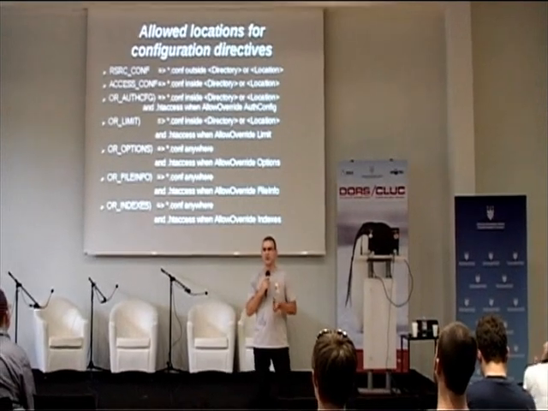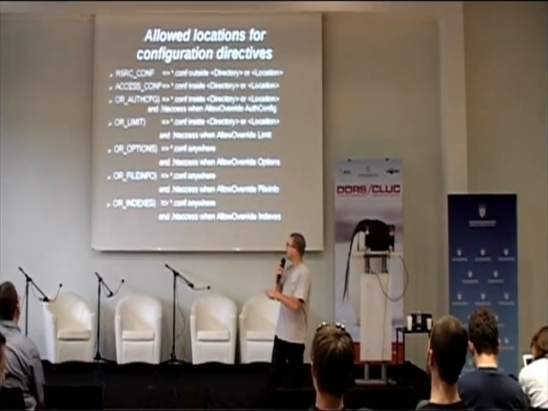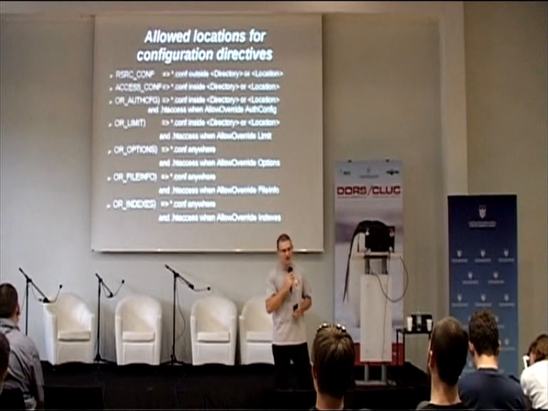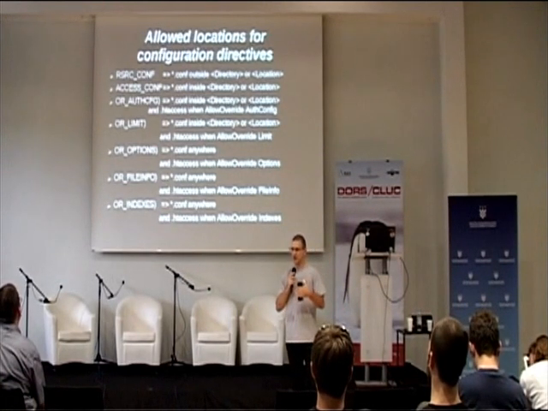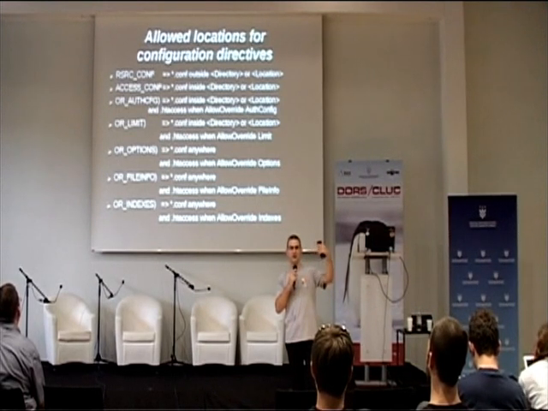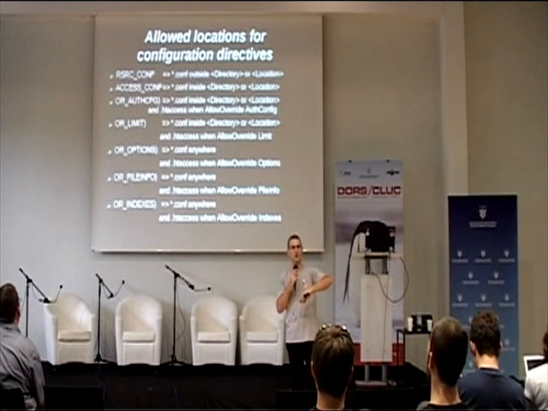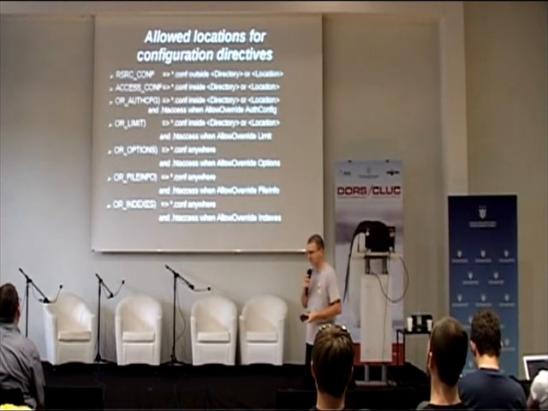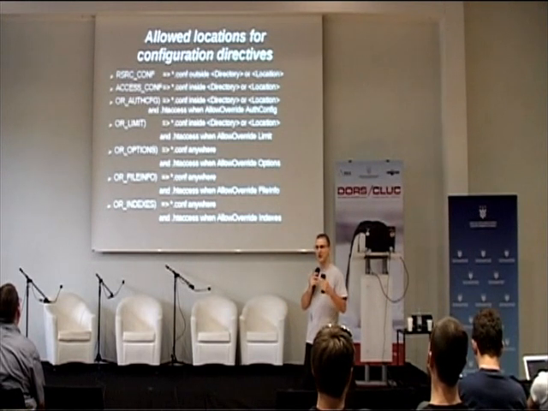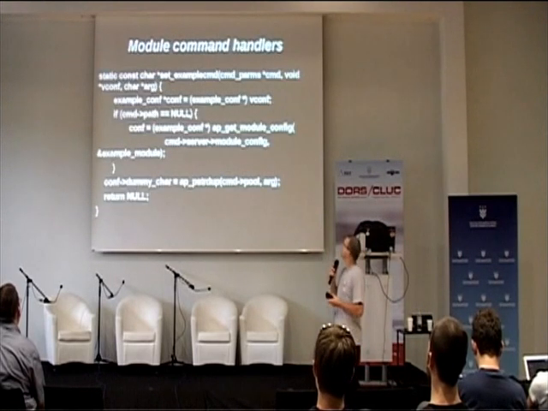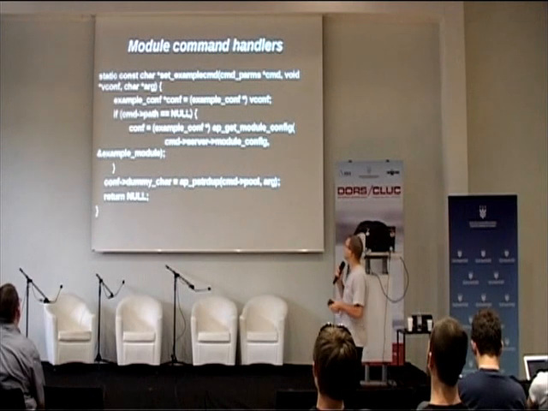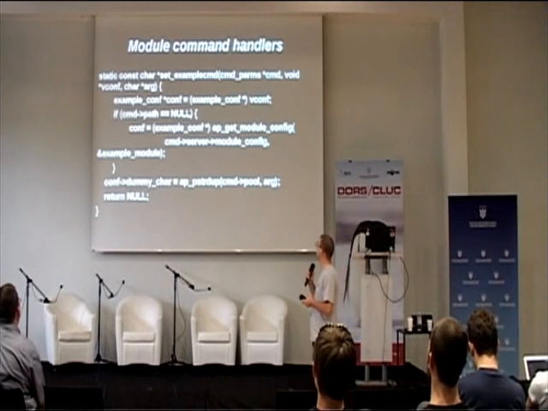So after you define here where your options should be available, you have to handle how they should be parsed when they overlap. For example, you have one option in the global configuration and another option in the directory configuration for your file. How they should be merged depends on you. You have to define a function that can handle these merges.